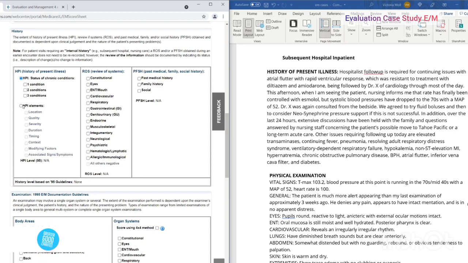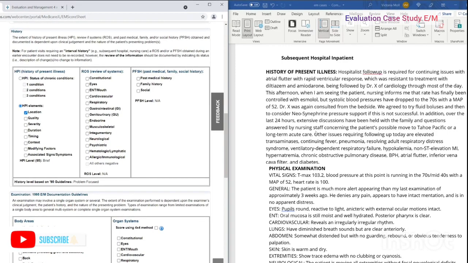So any HPI elements, continuing issues with atrial flutter. Okay, so we have a location. This is an atrial flutter, so it's a cardiac issue. Seeing the patient controlled. Looks like we might hit some components here for discussion of the case with another provider. Other acute issues there, elevated transaminase, continuing fever. The fever is more so an exam finding than it is the patient complaining of fever.